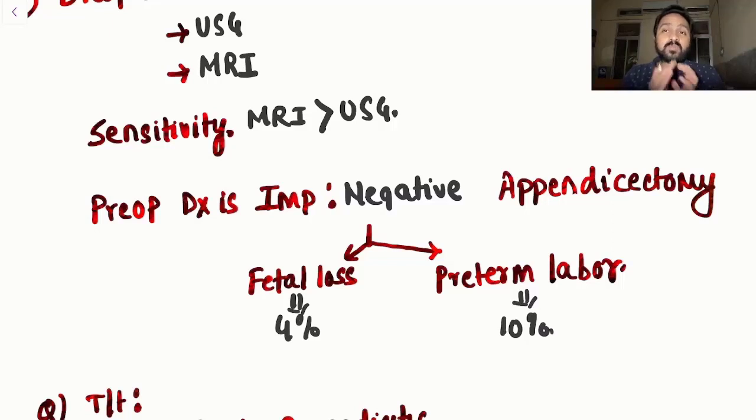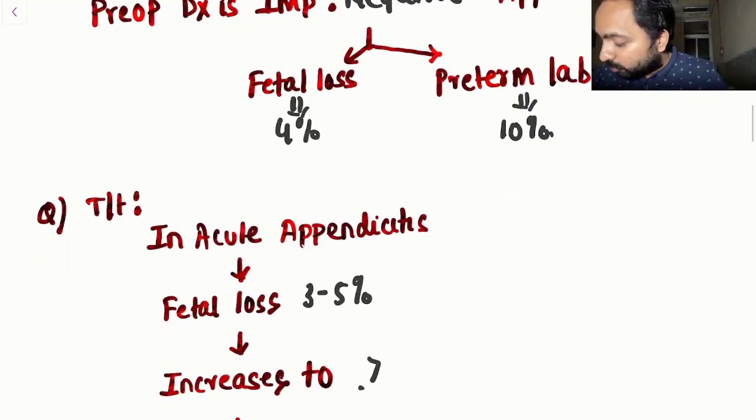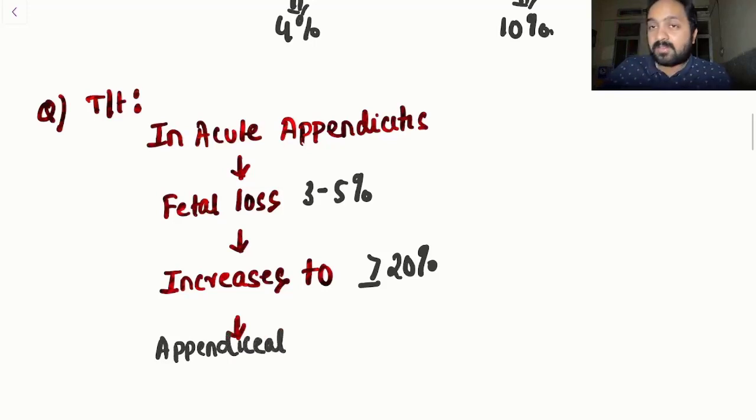Coming to the treatment part, in acute appendicitis the fetal loss rate varies from 3 to 5%. However, the important point to remember is that it increases to more than 20% if there is an appendiceal perforation.